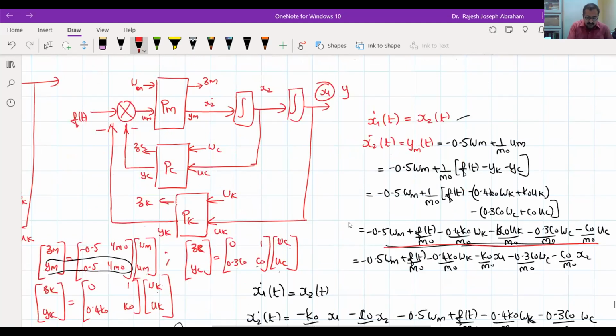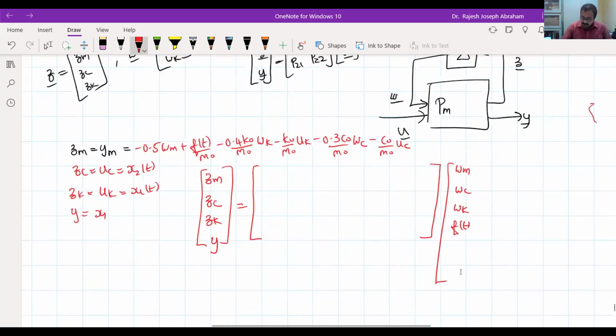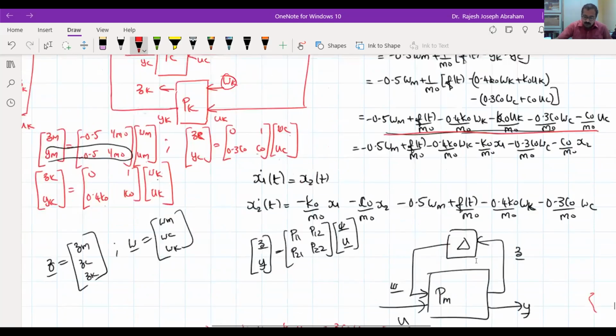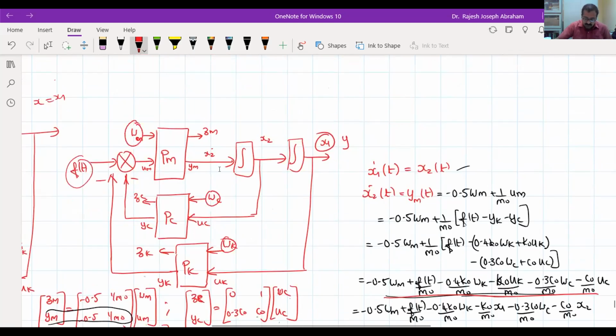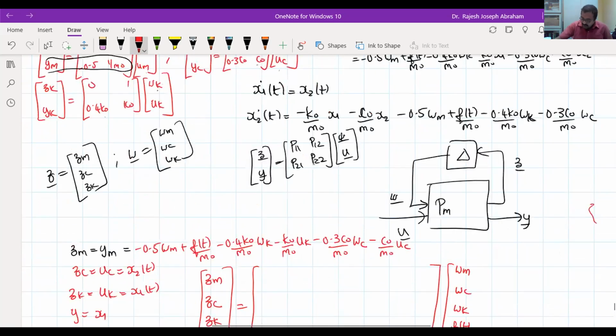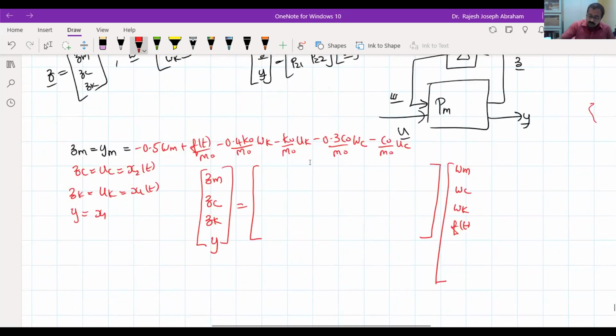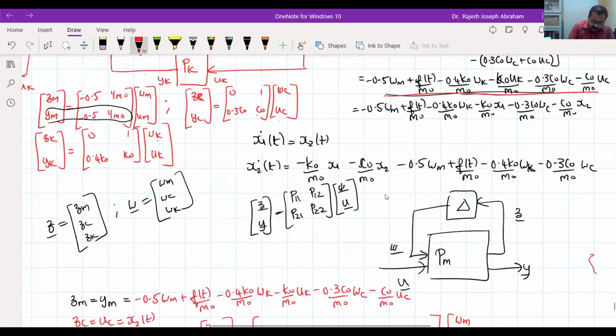F of t, 1, 2, 3, 4. Finally, we have the control input, again a vector of three signals. What is our U here? U will be Um, Uc, and Uk.